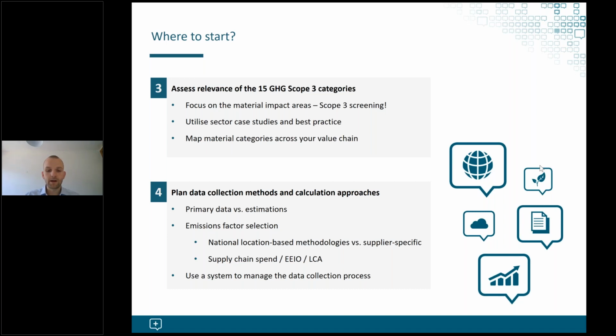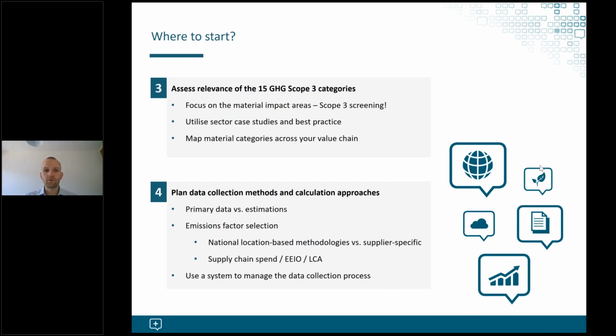The other method is using screening tools which are available. So for example, the GHG Protocol and Quantis Scope 3 Evaluator. This allows you to plug in high-level data relating to Scope 3 and your organization. It's not designed to be fully comprehensive or the most robust Scope 3 calculations, so it's not typically something you'd want to rely on for your reporting, but it is useful for this initial screening stage.